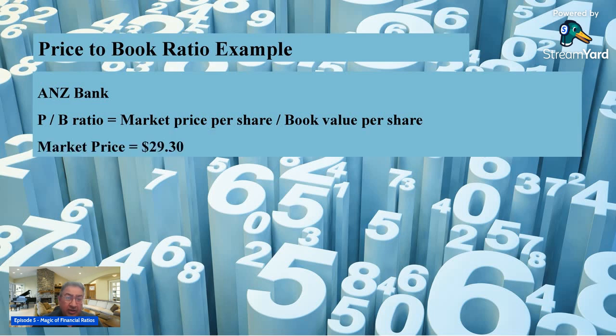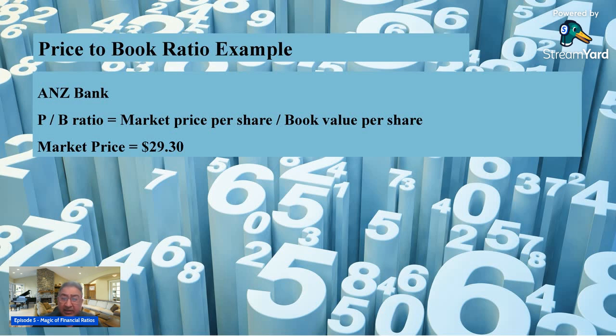As of this recording, the market price of ANZ Bank is 29.30. Viewers might recall that last week when we did the recording, the value of ANZ Bank was 29.59. However, for our purposes, we will consider the current market price of 29.3.